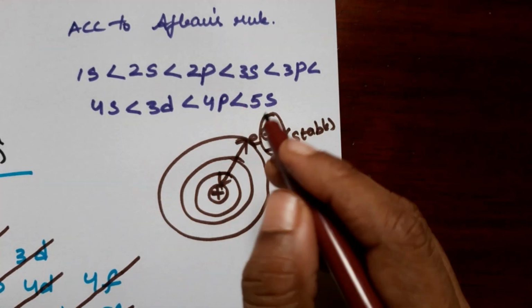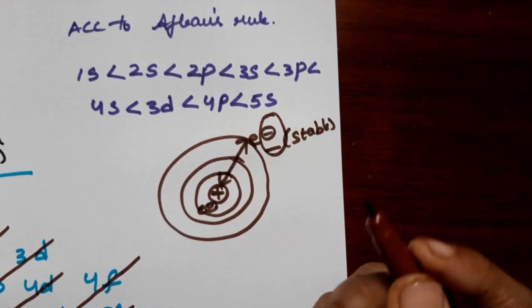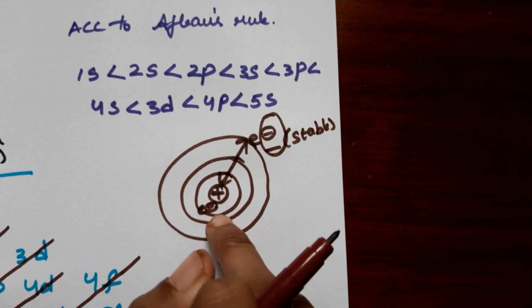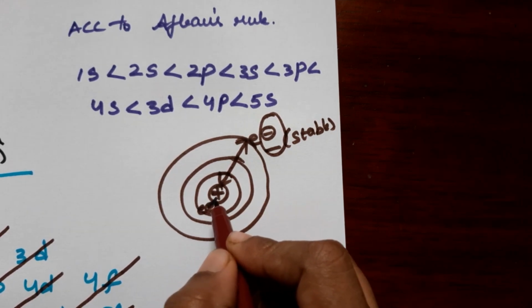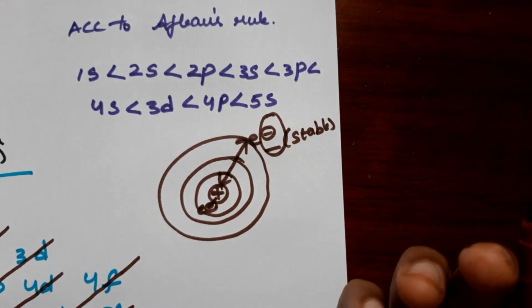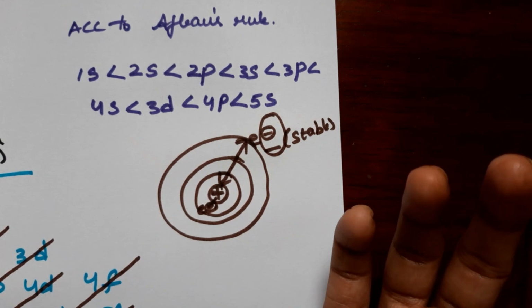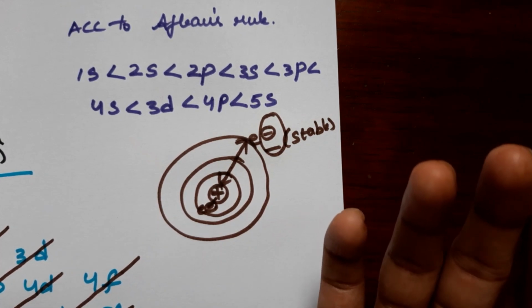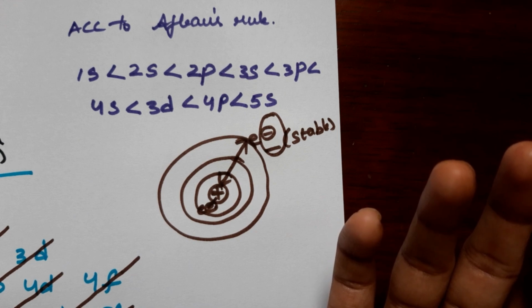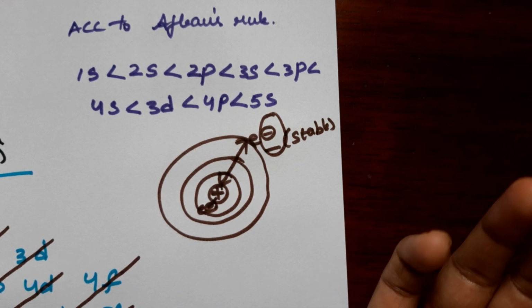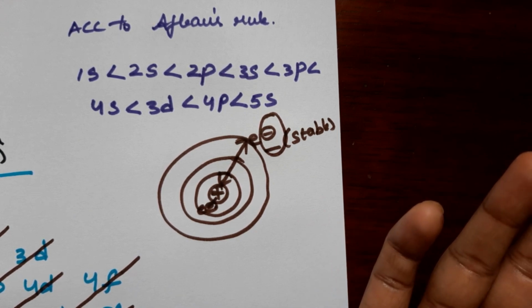If the electron is here, then it is having more attraction towards the nucleus, hence it is an unstable one. If electrons enter the orbital having the lowest energy, then it follows the n plus L rule.